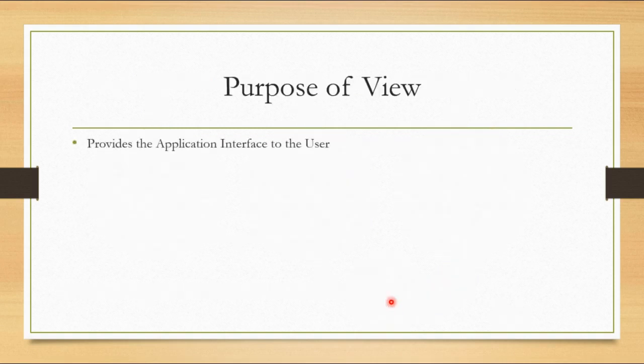Okay. The purpose of the view, obviously, is to provide the interface to the user. This is what the user sees, and oftentimes this is what the user thinks is the program. Not always understanding that behind the view, there's a lot of activity going on between the controller and the model.